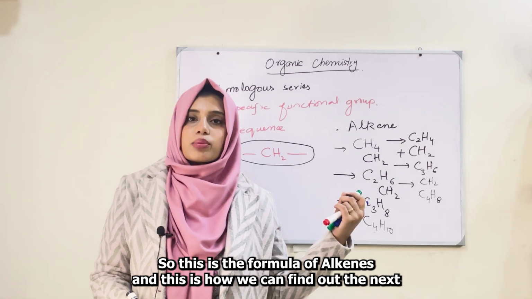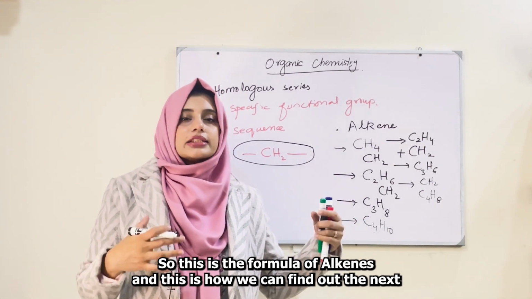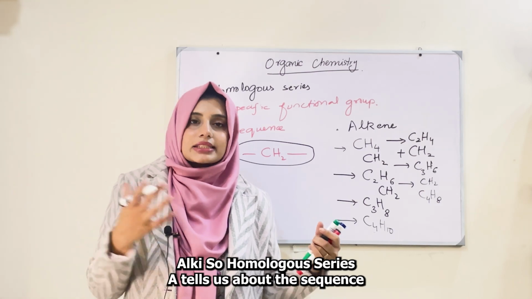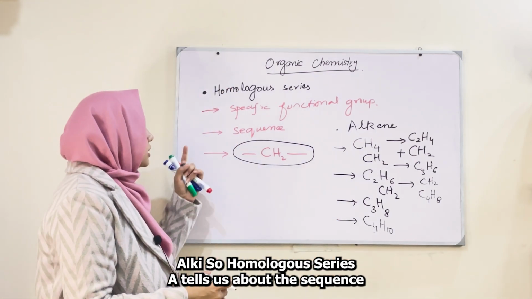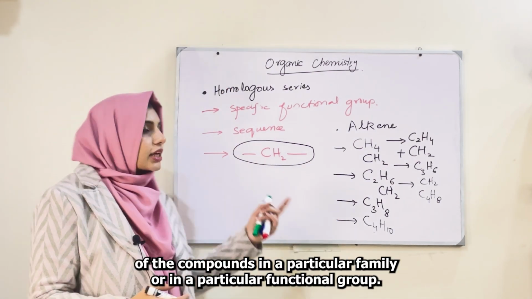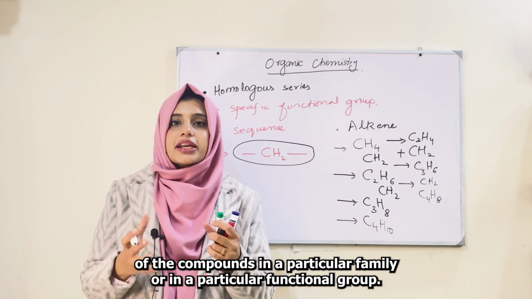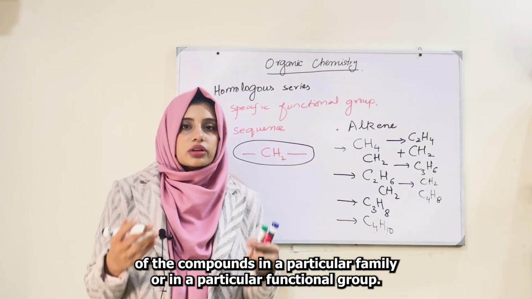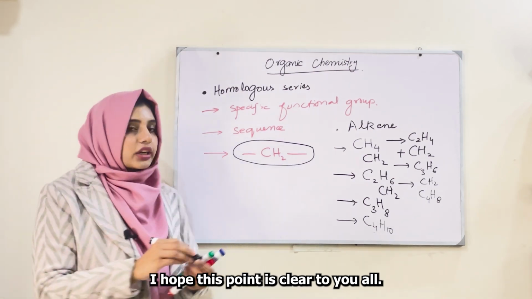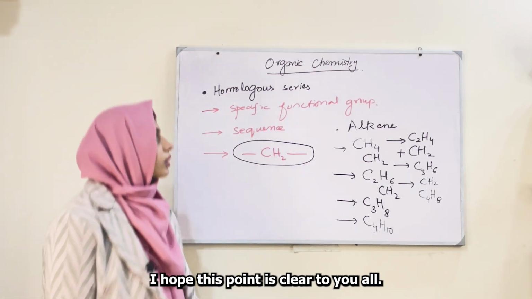So this is the formula of alkenes and this is how we can find out the next alkene. So a homologous series tells us about the sequence of the compounds in a particular family or in a particular functional group. I hope this point is clear to you all.